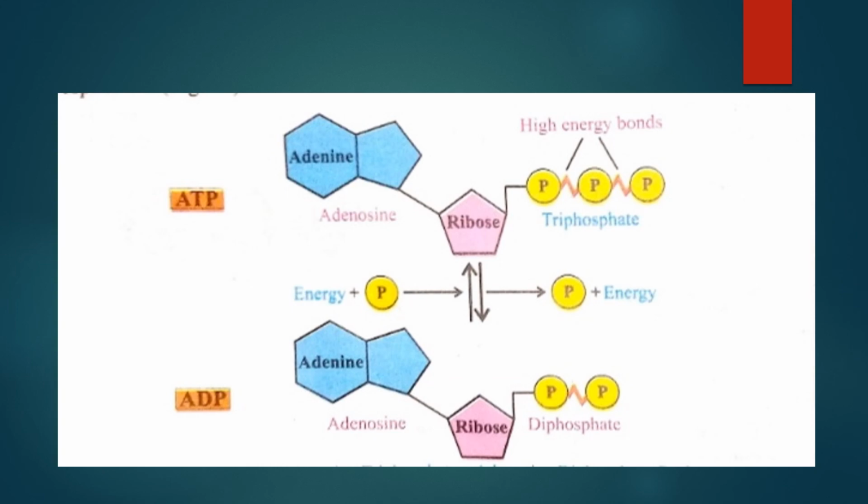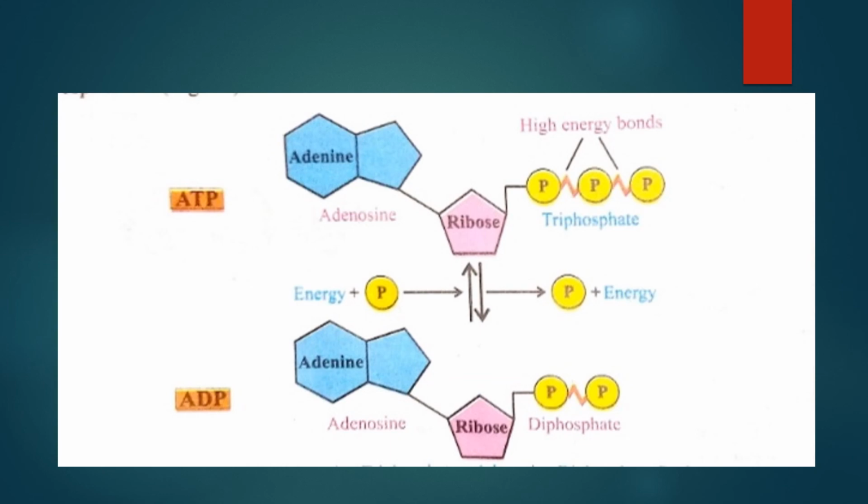Tri means 3. When this squiggle bond, the high energy bond, is broken down, this phosphate group will be released. When this phosphate is released with energy, we will have 2 phosphates with adenosine. 2 means di, adenosine diphosphate.